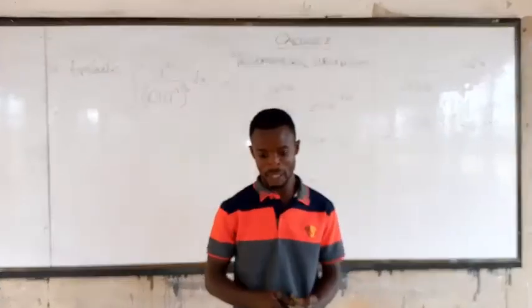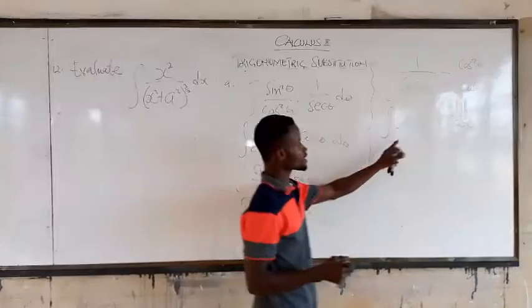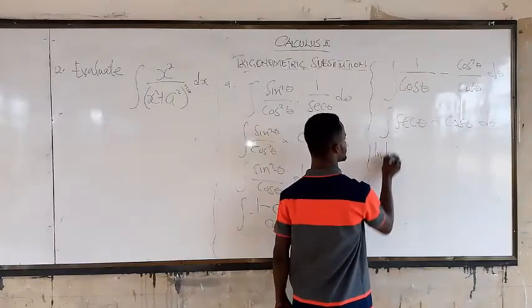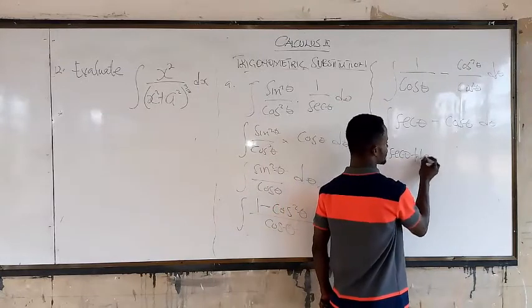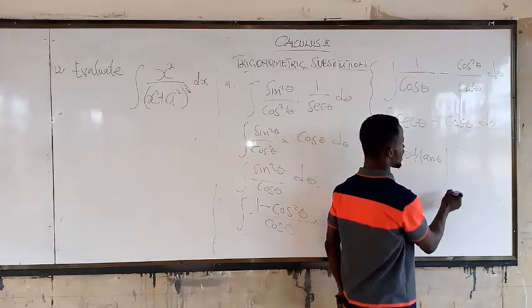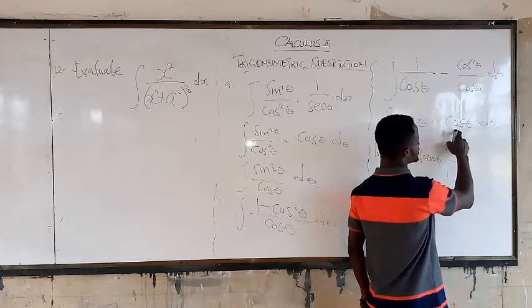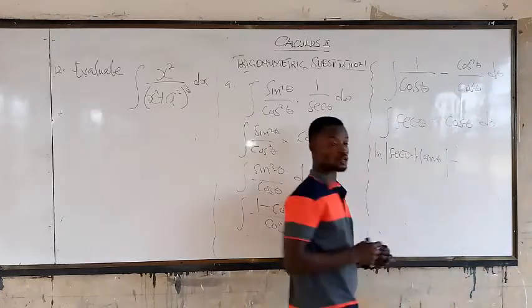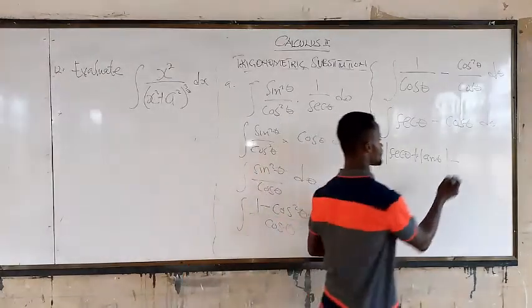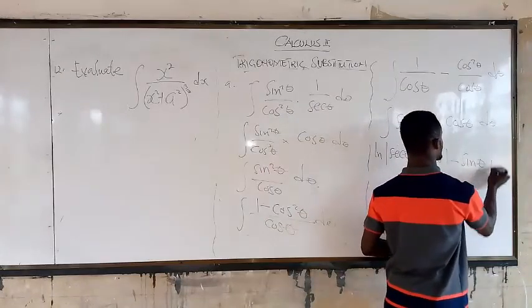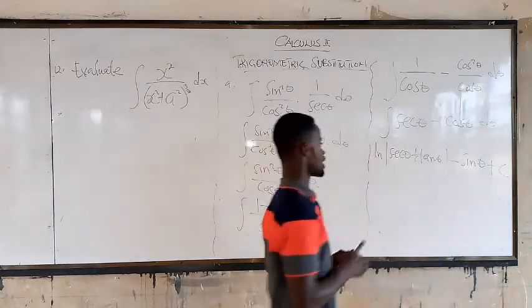And we know that when you integrate sec theta, you get ln of sec theta plus tan theta, minus the integral of cos theta, which gives sin theta, plus c.